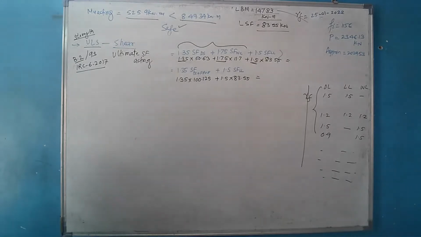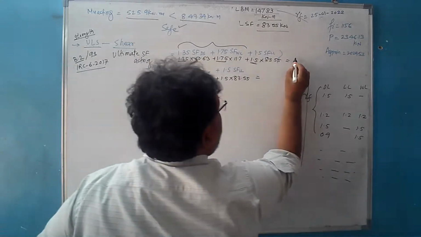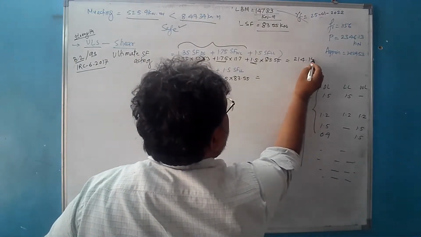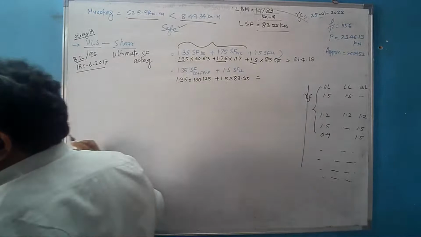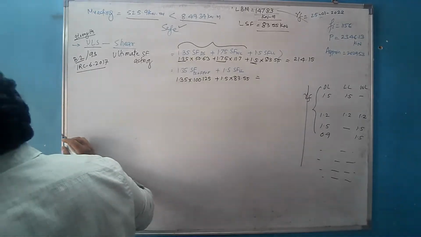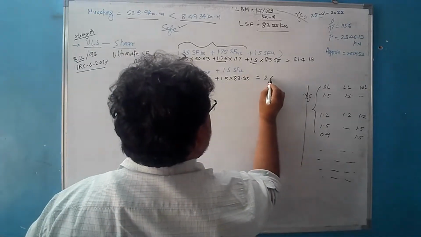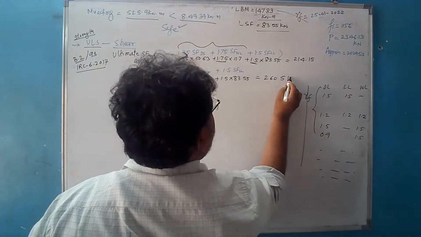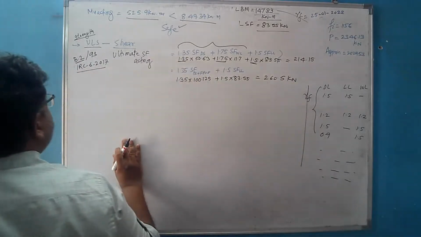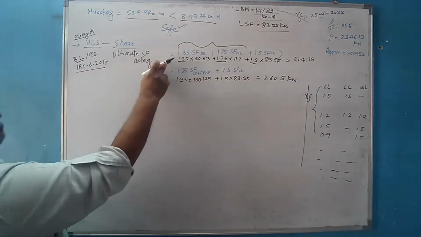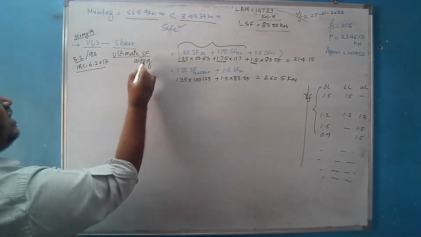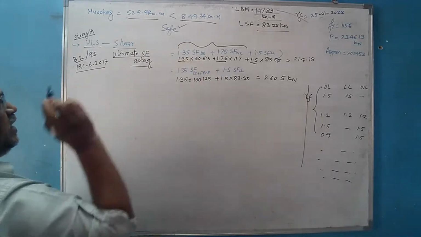It is 214.15 and 260.5 kilonewton. Is it right? Now, which of the two I have to call as the ultimate shear force acting, one which is greater of the two?